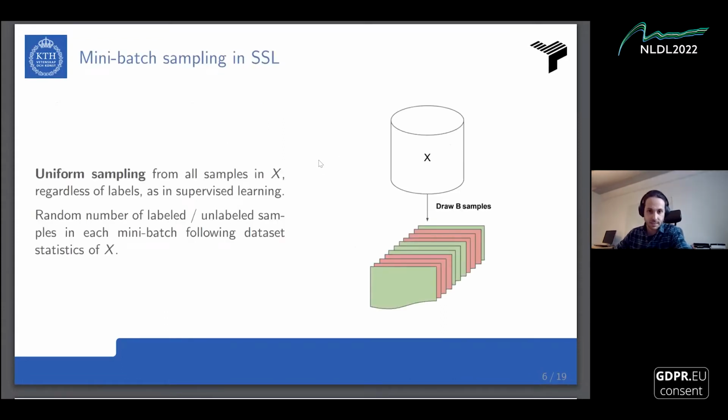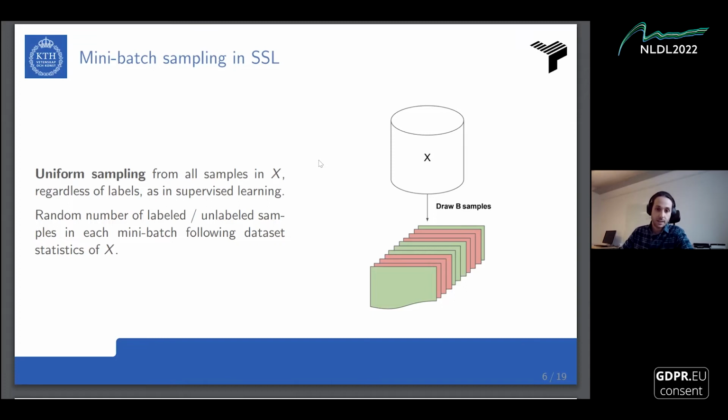This is just because we're uniformly sampling from the whole training set, and basically we're going to be following in each mini batch the statistics of the whole training set. So if we have few labeled samples in the whole training set, we're going to have few labeled samples in each mini batch.